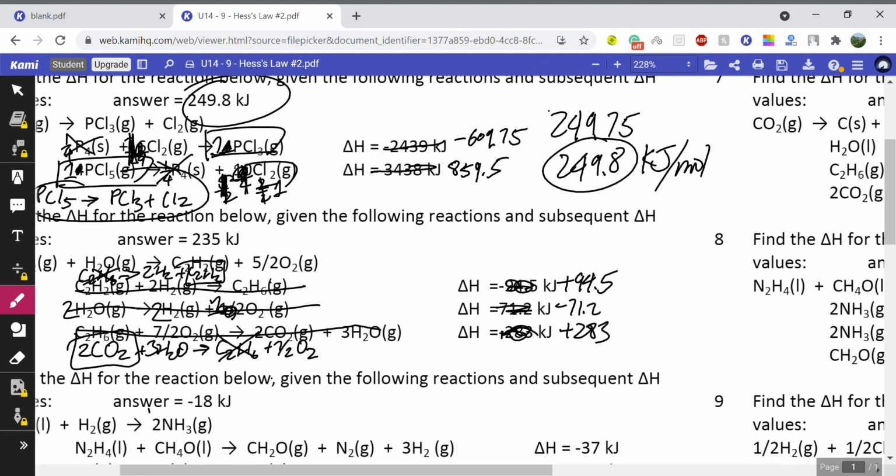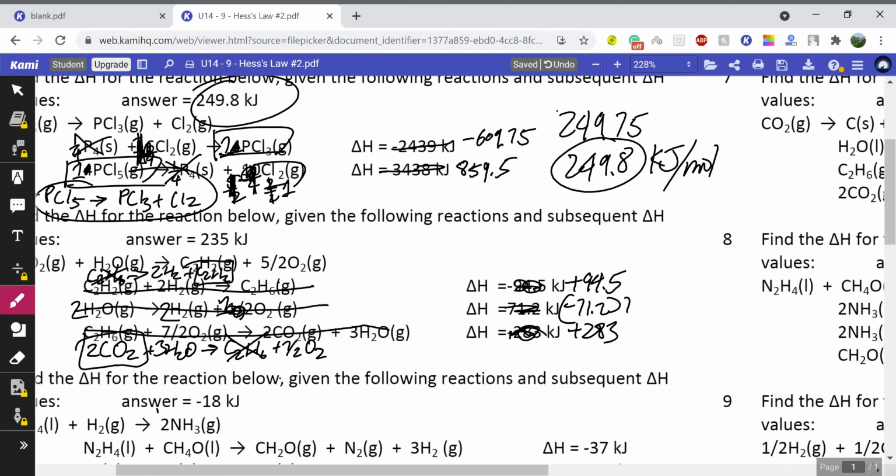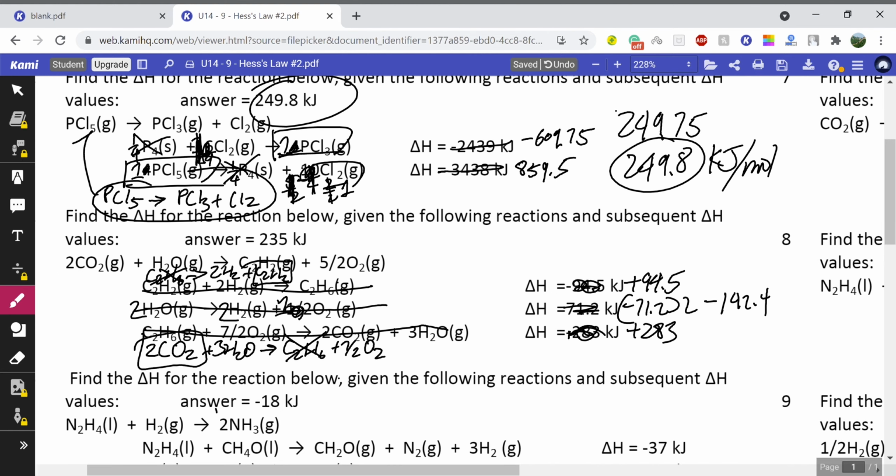So 71.2 times 2 turns into negative 142.4. You keep the negative sign because we didn't reverse the reaction. You only change the signs when you reverse reactions. So this will become a new negative 142.4, and this is going to become 2H2 plus O2 making 2H2O. Now we'll be able to cancel this out with this 3H2O, forming this 1H2O. 1H2O matches our 1H2O over here.